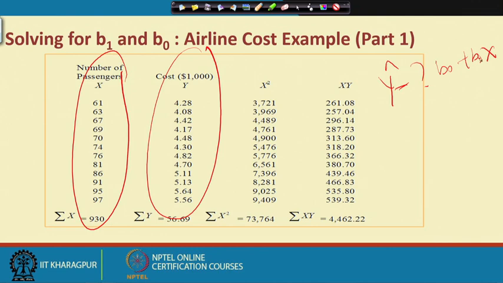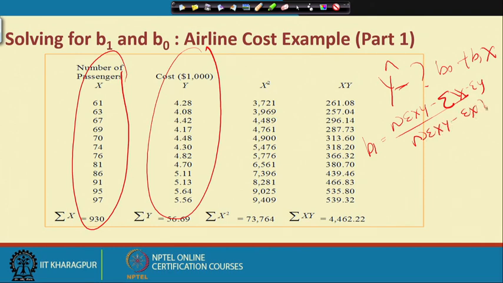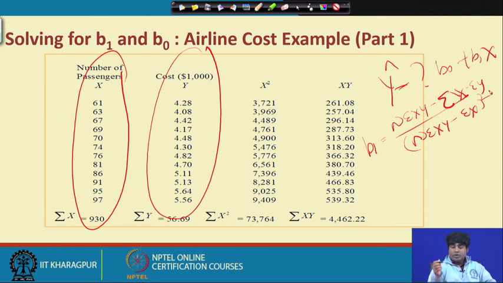Now, as per our requirement, first we need b1, that is n summation xy minus sum x into sum y, divided by n summation x squared minus (sum x) whole squared. So this is the b1 coefficient, and b0 equals y bar minus b1 cap x bar.